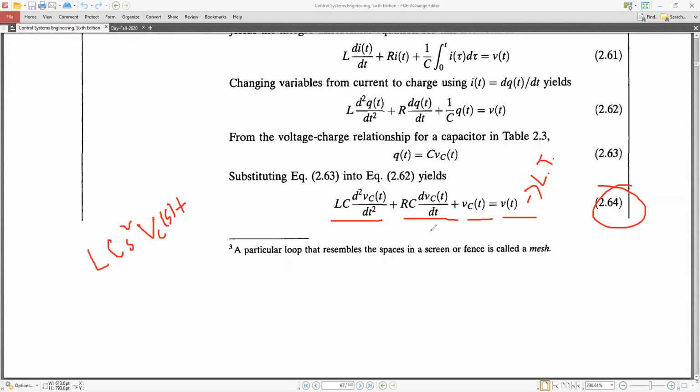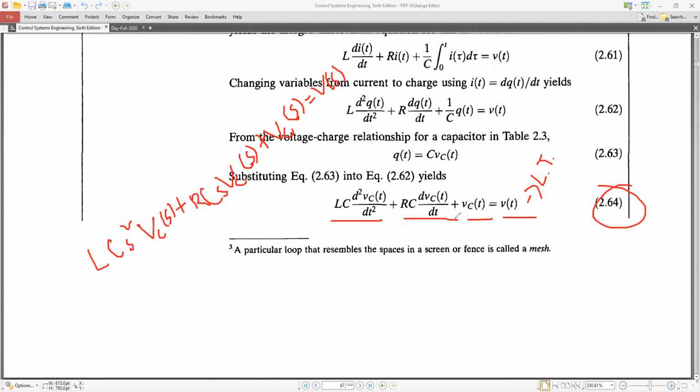For the second term, RC will be there, d/dt of VC(t) means s VC(s), plus VC(s) is equal to V(s). Something like that. So your equation will be like this.